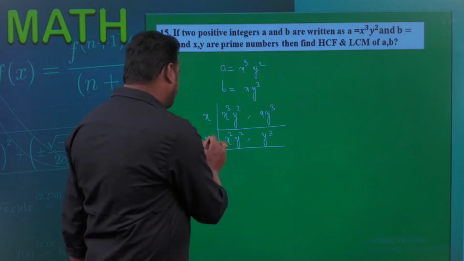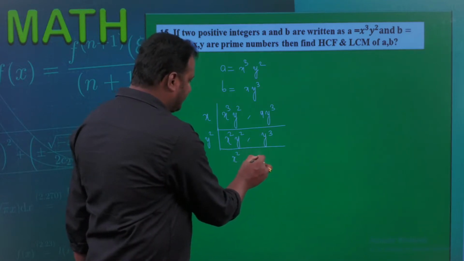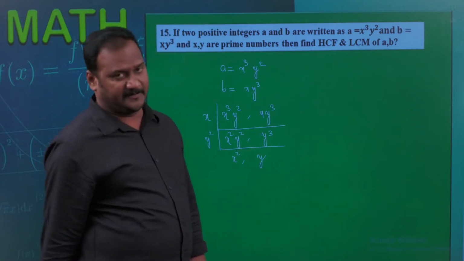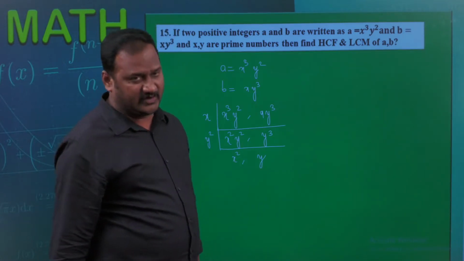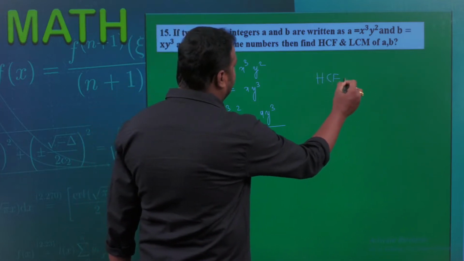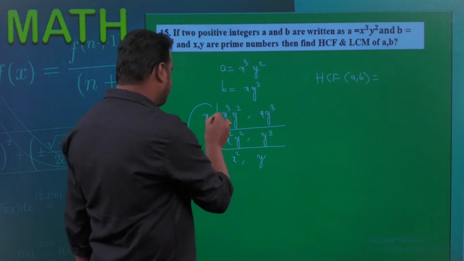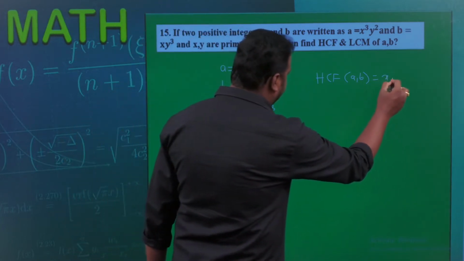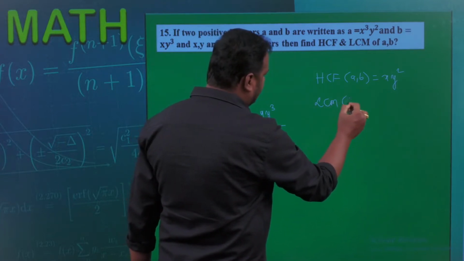I am taking y square, remaining x square and x y cube. So x square and y cannot be divided by any other number except 1. So what is the HCF of these two numbers a, b? The HCF is x into y square, that means x y square. And what is the LCM of a, b?